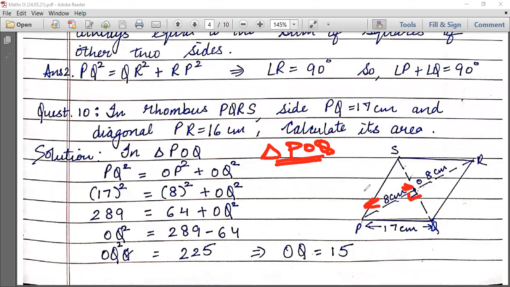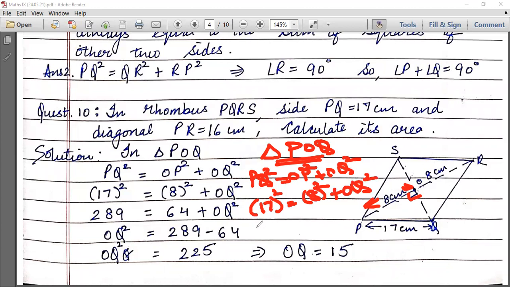Okay, children, so let's see. PQ square, because it's the hypotenuse, is equal to OP square plus OQ square. PQ is given to you as 17, OP is given 8 square, and OQ you will find out.